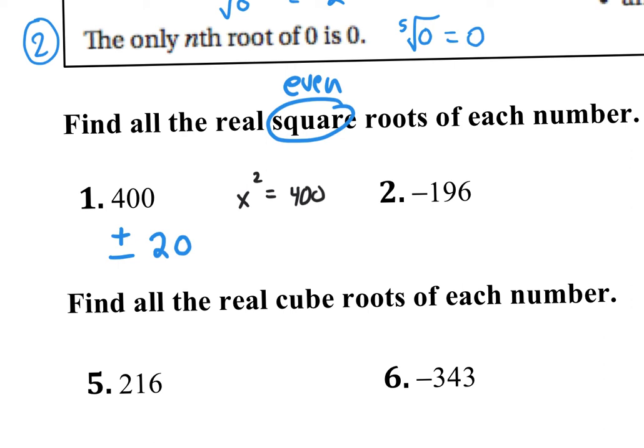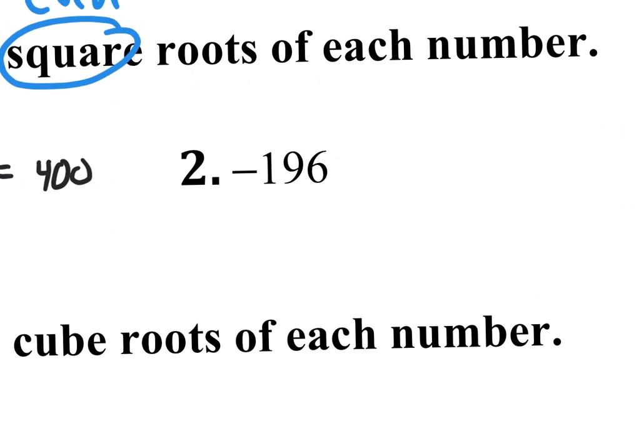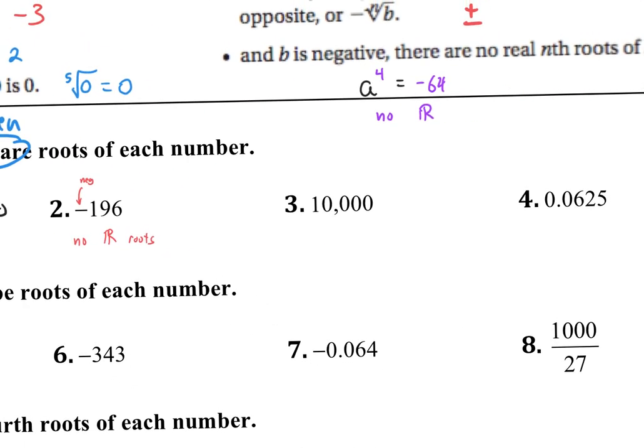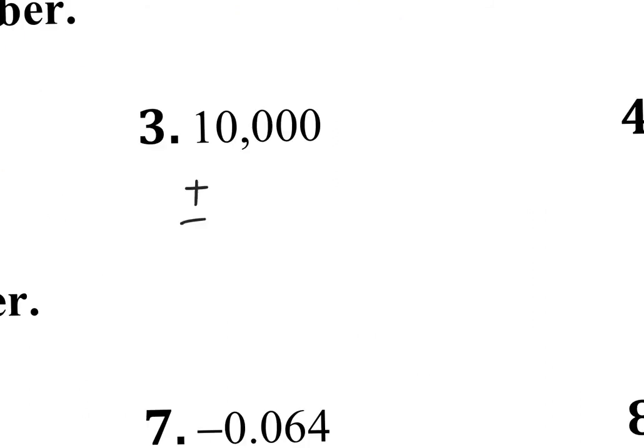Okay? Now what about this one? Because we have a negative right here, the answer is no real. No real roots. And we can stop there. All right, please attack 3 and 4, and feel free to use the calculator as well. This one here becomes plus or minus 100.